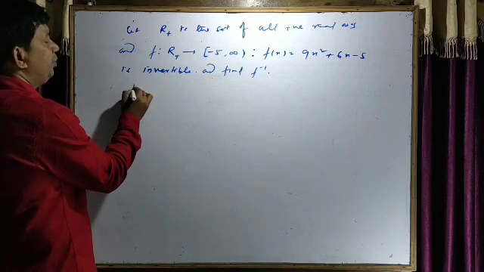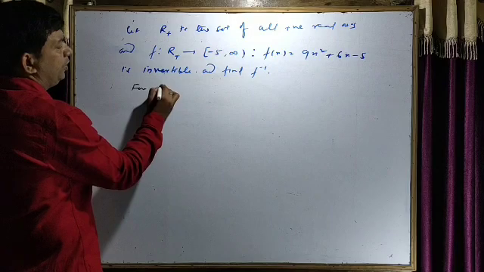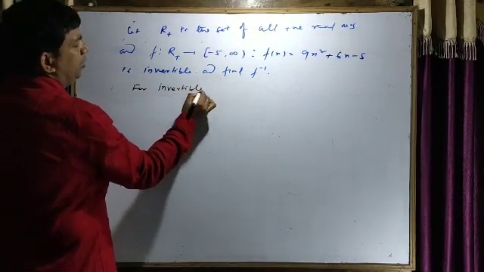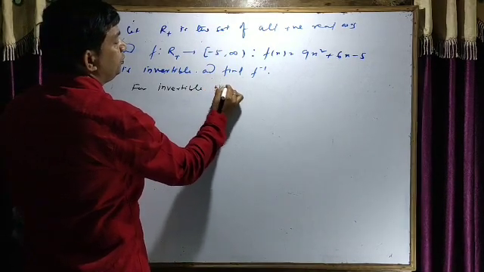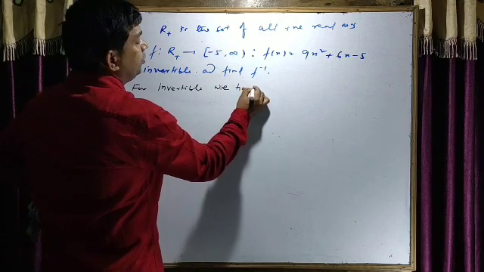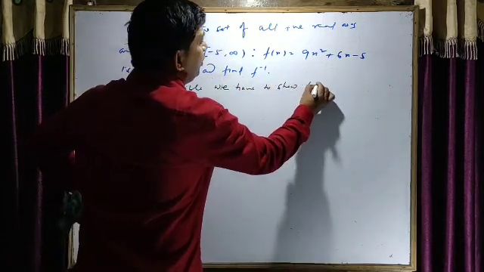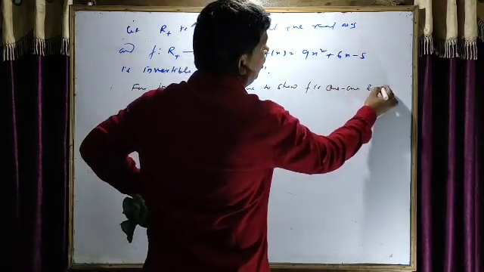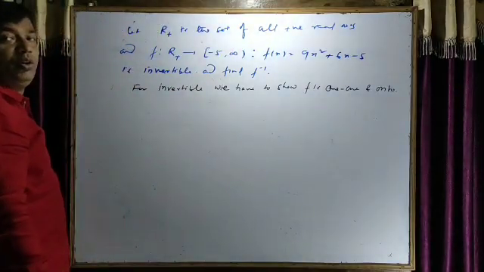See, for a function to be invertible, we have to show f is 1-1 and onto.